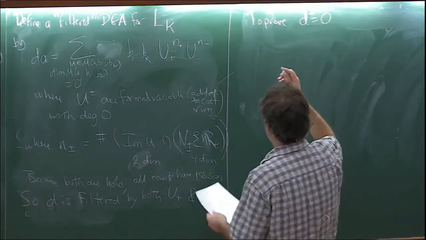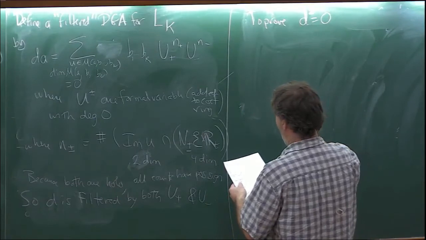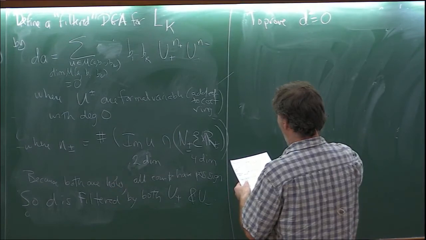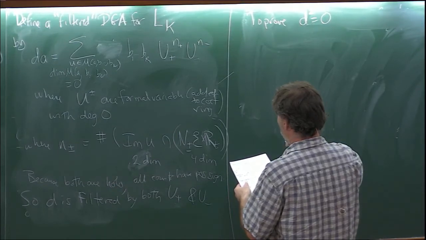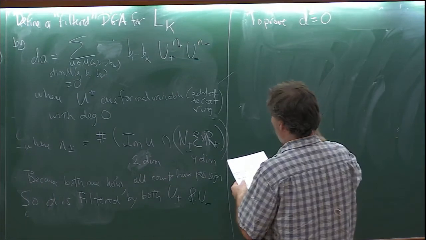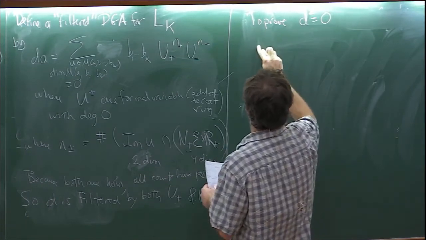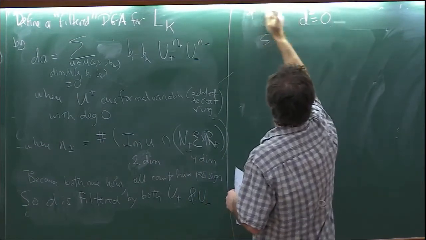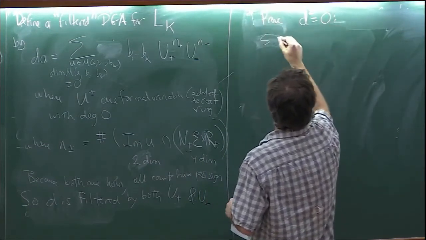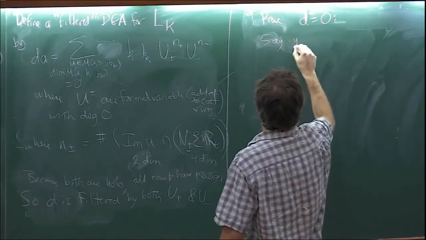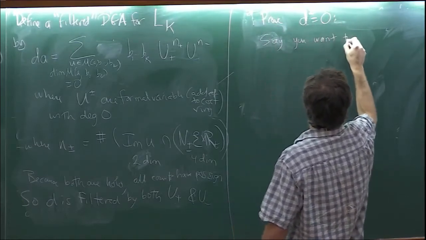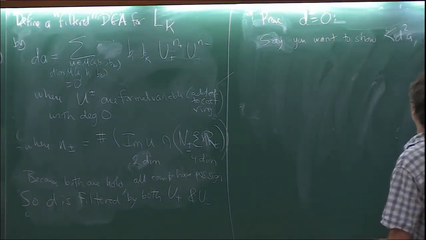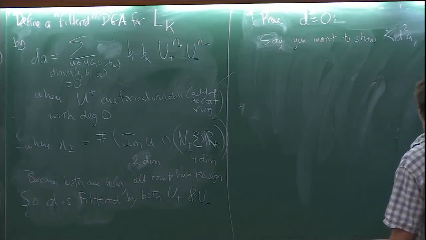Supposing you want to show something like this: d squared A, u plus cubed, c is 0.